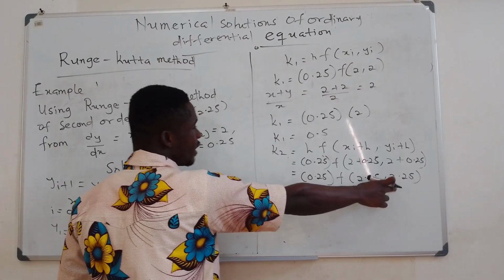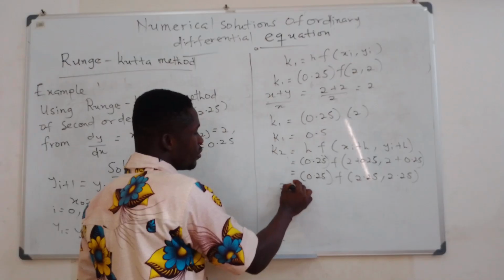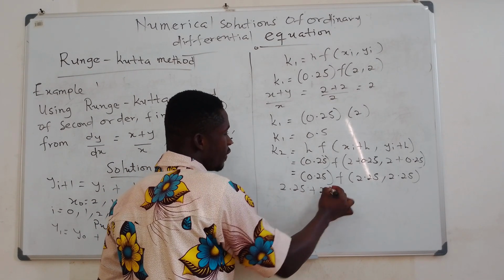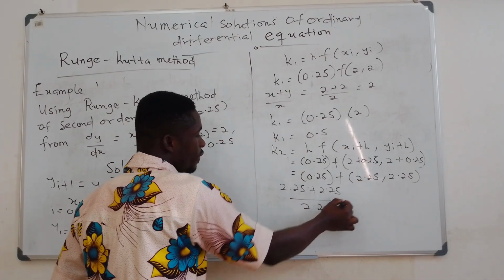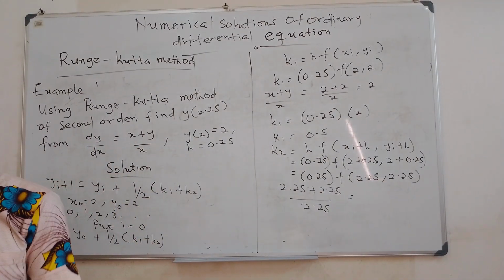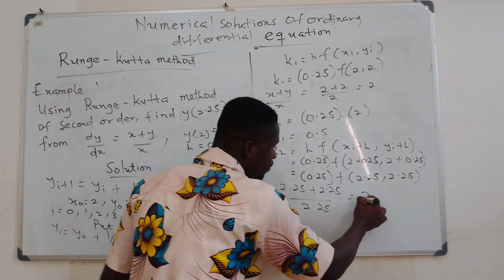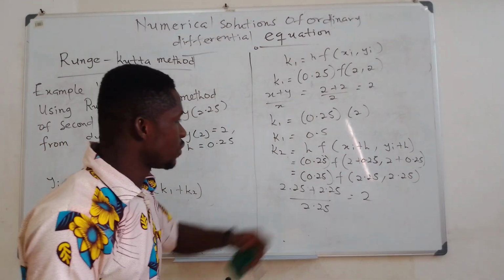So we just substitute it as we did before. So 2.25 plus 2.25 all on 2.25. Just pick your calculator and punch in, and you know that the answer is 2. So the function is 2.